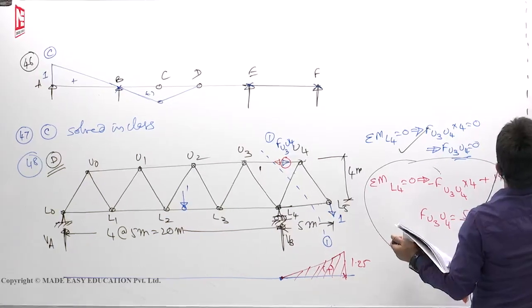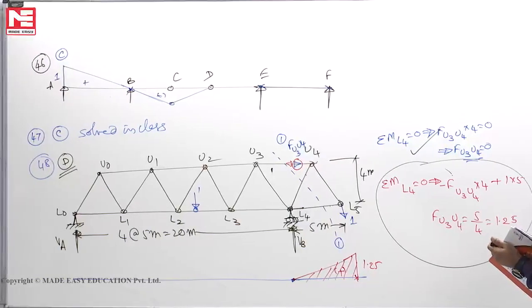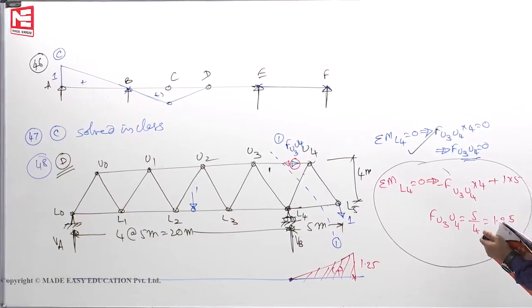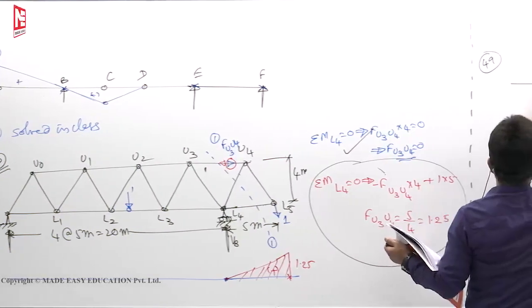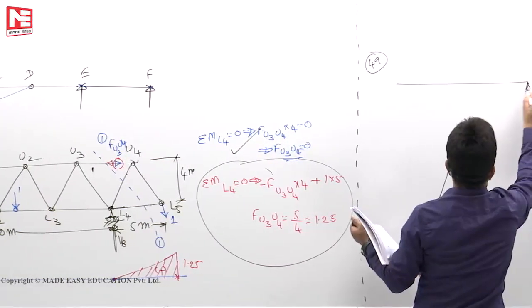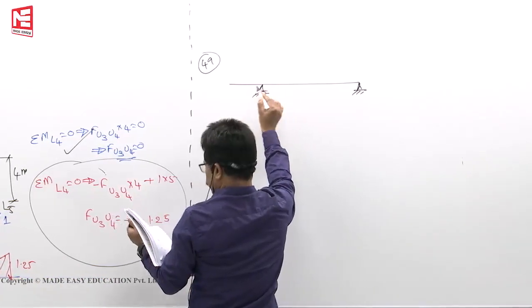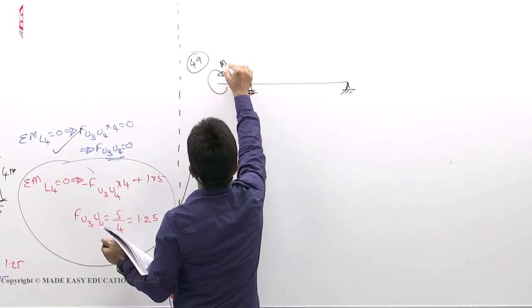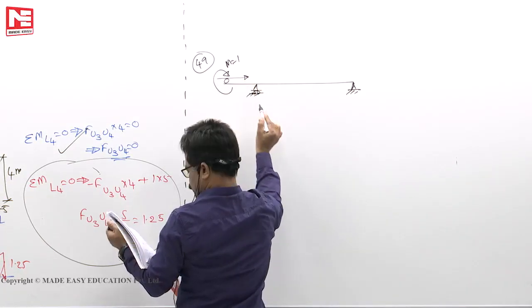Then 49. A simply supported beam with overhang traversed by a concentrated moment from left to right. You see here, there is a simply supported beam. A concentrated moment M equal to 1 is moving like this.